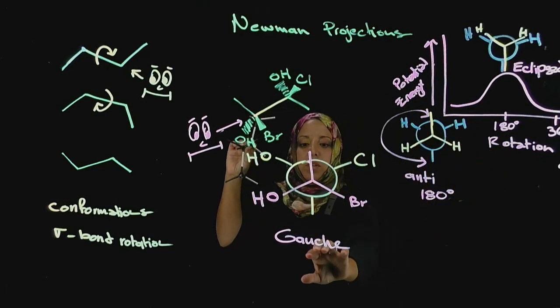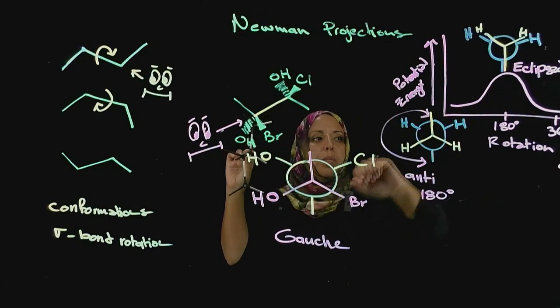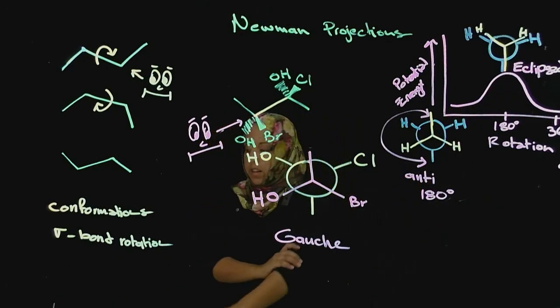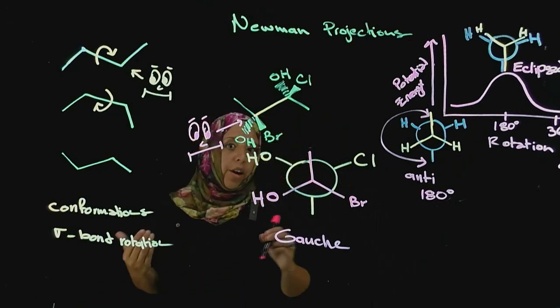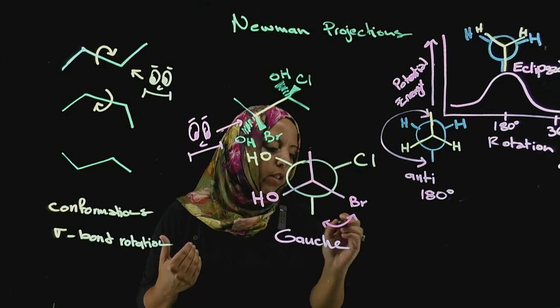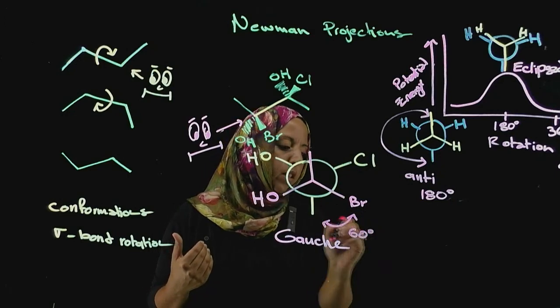So you can have multiple gauche and eclipsed conformations, and you'll have anti-conformations as well. So all it is is rotation around that carbon-carbon sigma bond or single bond. Those are 60 degrees apart.